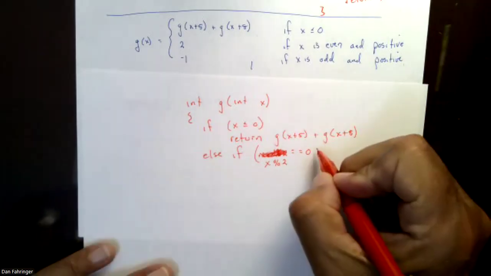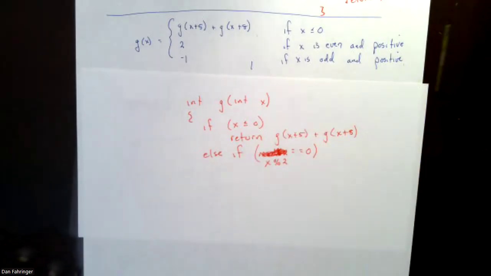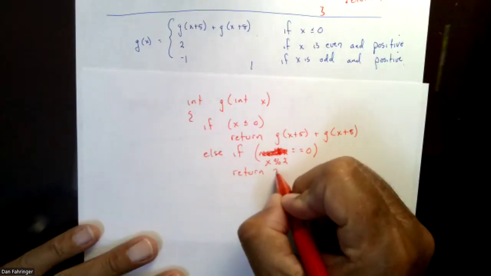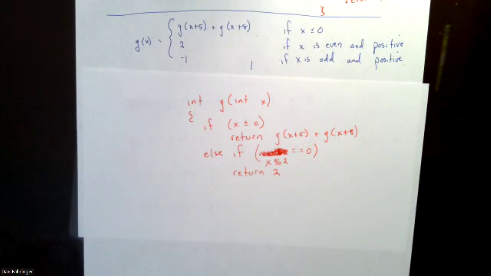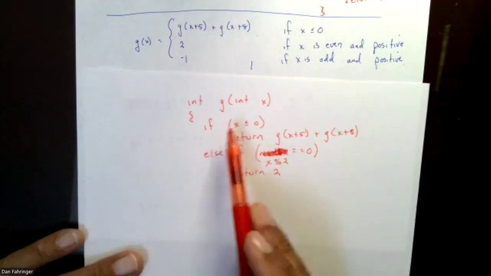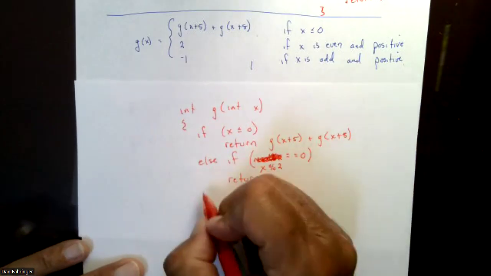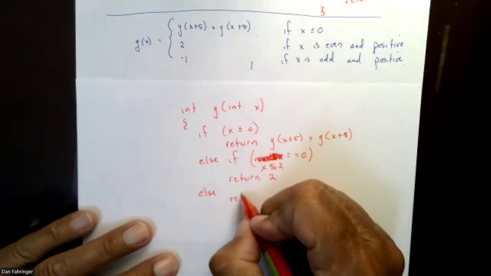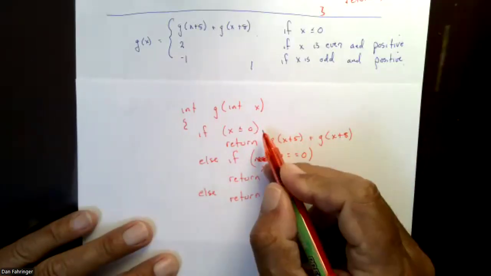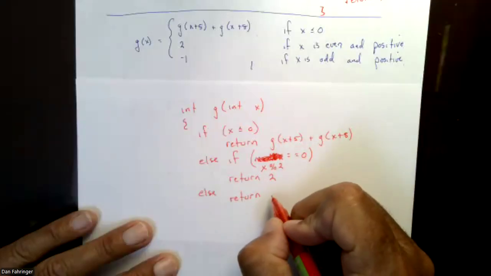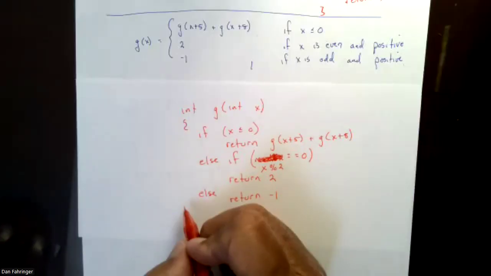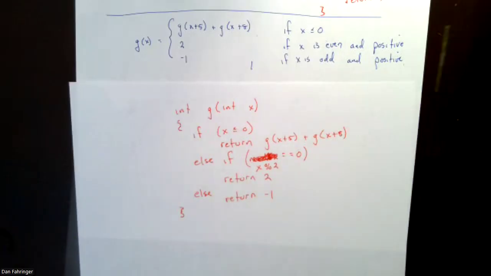So I could actually stop there and say return 2. Okay. I cleaned all the negatives out. Good. And then finally, else, return -1. By default, we already took care of the negatives, we already took care of the evens, and that kind of code would work. It's kind of cool. I don't know. I think it's kind of cool.